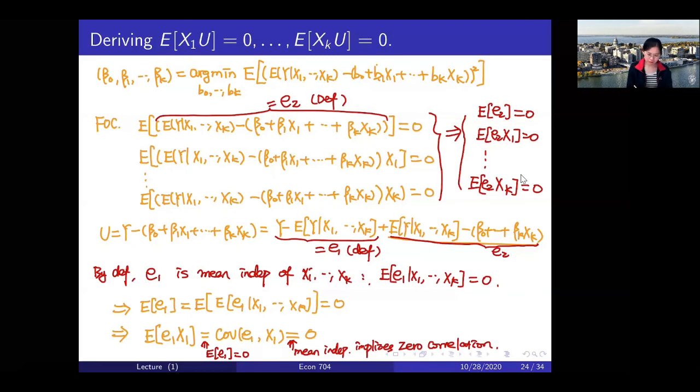So therefore, E1 has mean 0, E2 has mean 0, u is E1 plus E2, therefore u also has mean 0. E1 has 0 correlation with x1, E2 has 0 correlation with x1, and u equals the sum of E1 and E2, therefore u also has 0 correlation with x1, and so on and so forth.